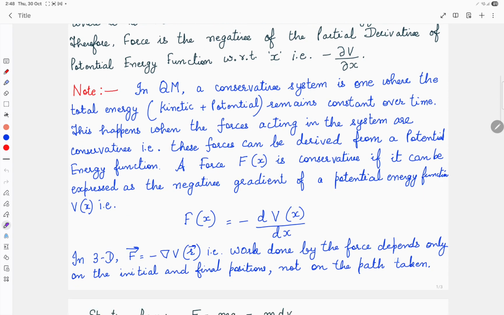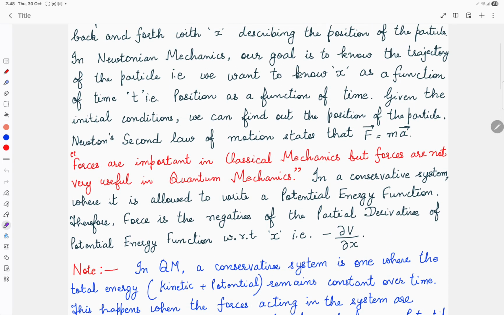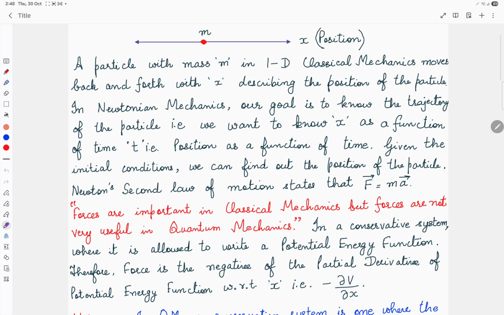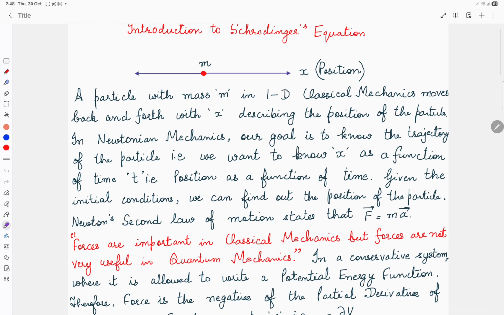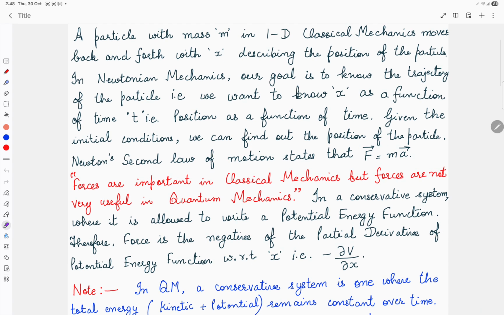The point here I want to mention is that in Newtonian mechanics, because I am taking the example of a 1D motion of a particle, we want to identify x, that means the position of the particle. Using Newton's second law of motion, we can find it out, where force is given by mass into acceleration.